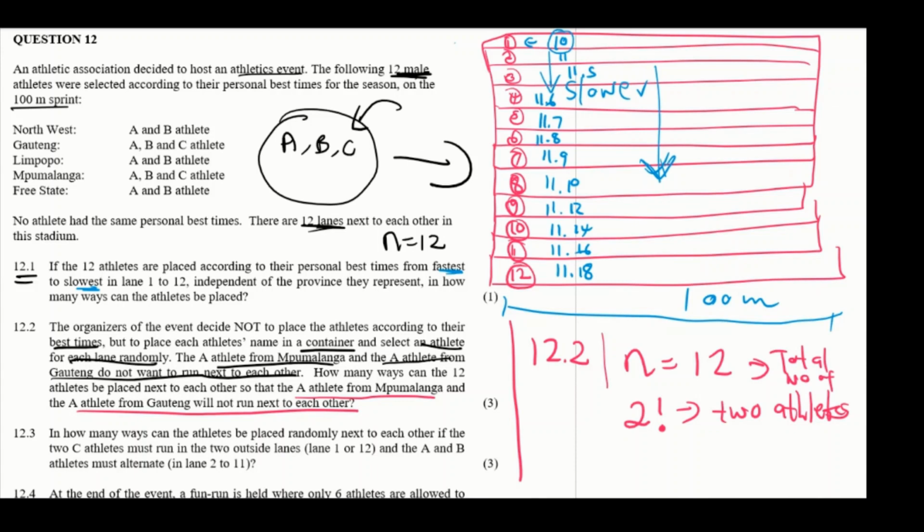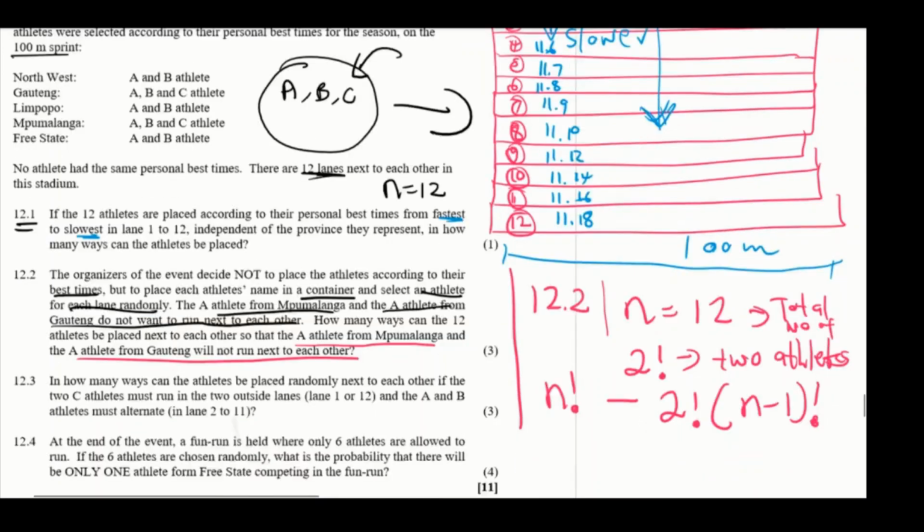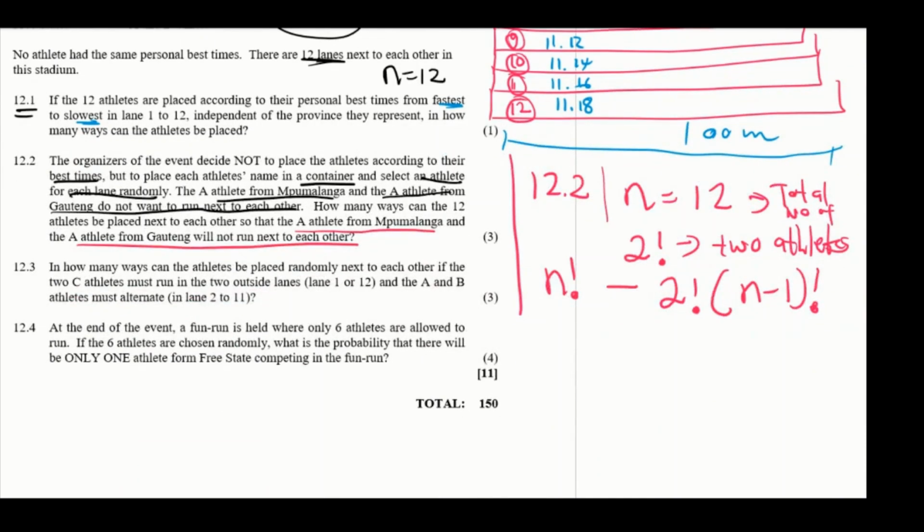And then we want these athletes not to run next to each other. So you're going to say N, which is the total number of athletes, minus the 2 athletes, and then N minus 1 factorial. So the entire expression says that these 2 athletes will not run next to each other.